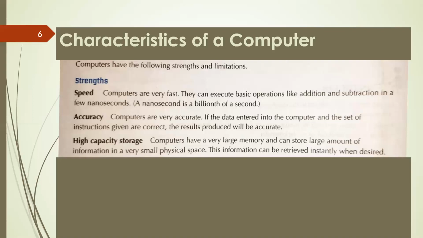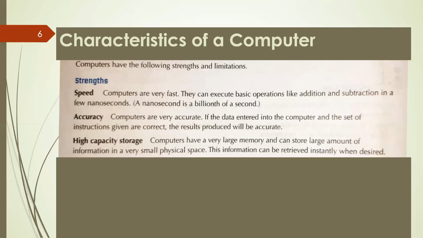So it is a small physical space in the computer, but in that small space you can keep a very large memory, many things, which is called information. This information can be retrieved instantly when desired. That means whenever you want to take out or see your information, you can get it from your storage area.